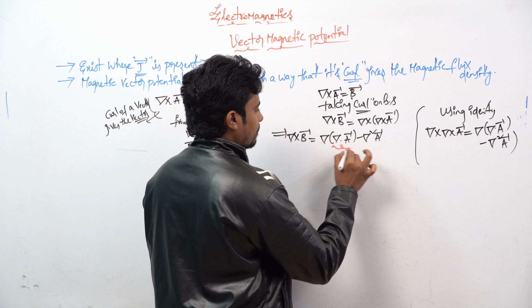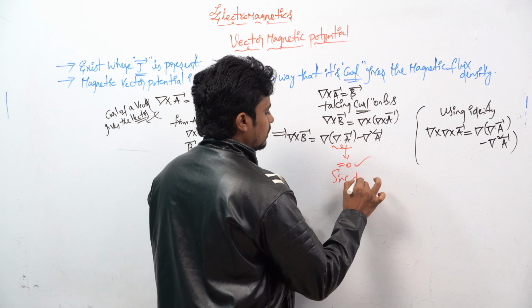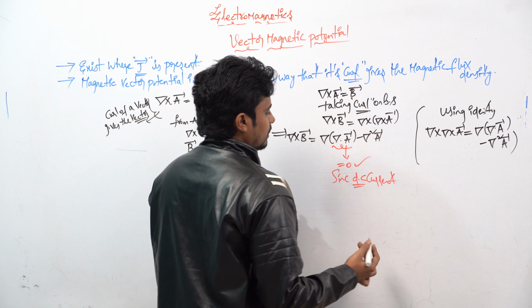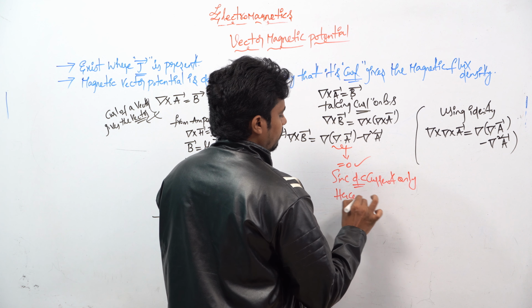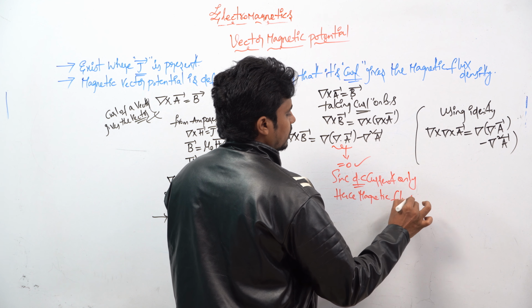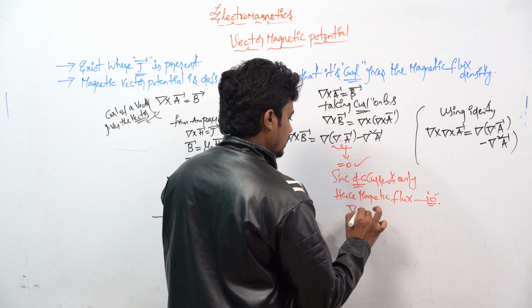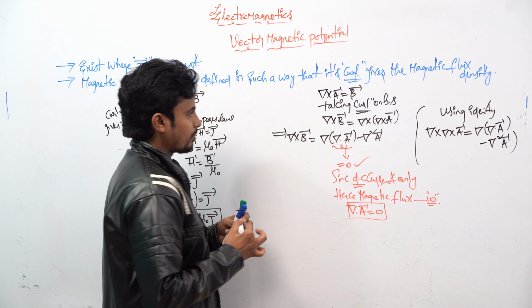Because DC current only is present, hence the magnetic flux divergence is 0. That means here del dot A bar, how much will you get? You will get 0.